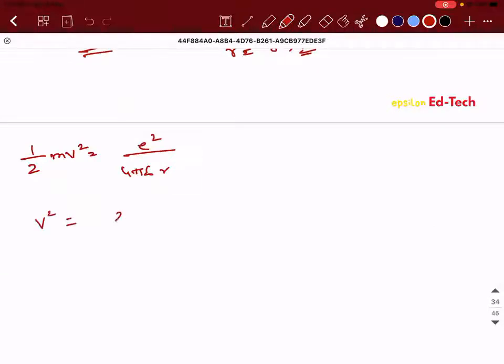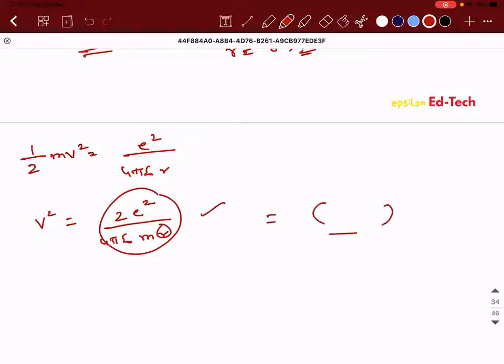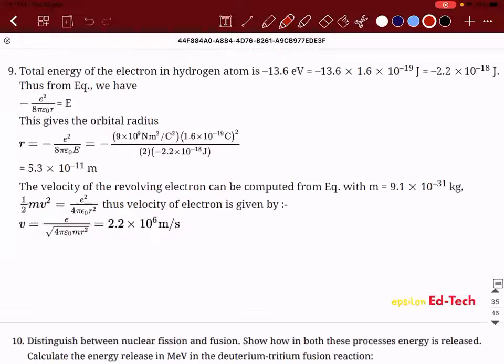So v square will be equal to 2 e square divided by 4 pi epsilon naught m into r. r you have calculated from the previous problem. Substitute everything here, you will get a particular value, those many meters per second. If you write this mathematical equation itself, you will get marks. Okay, next.